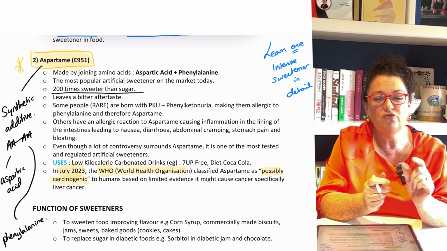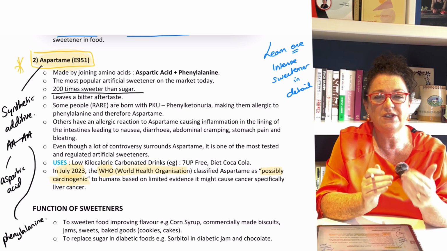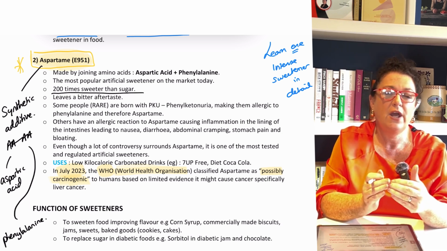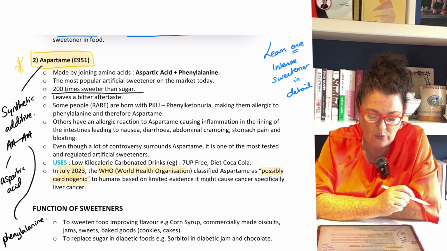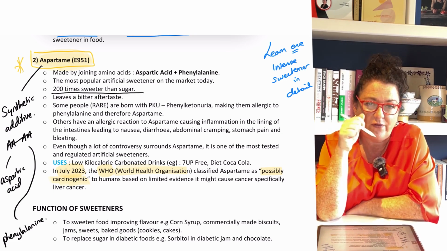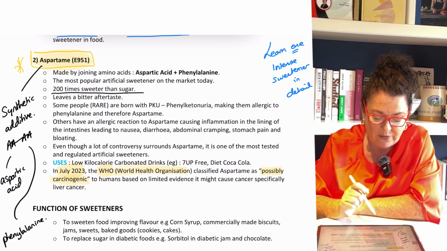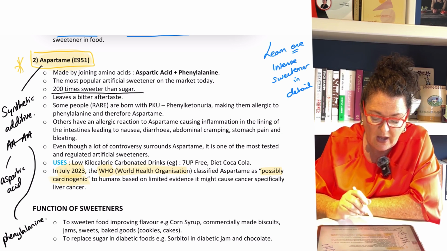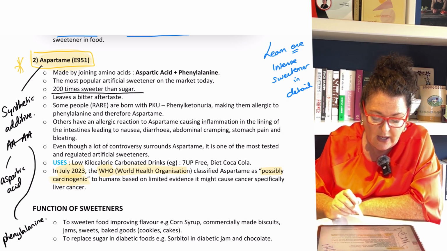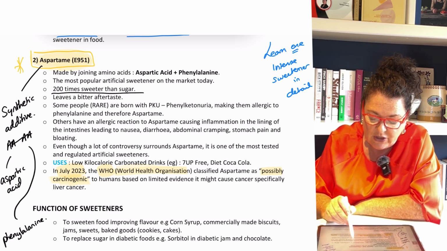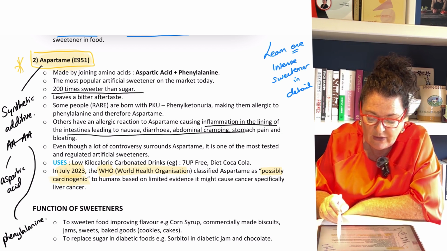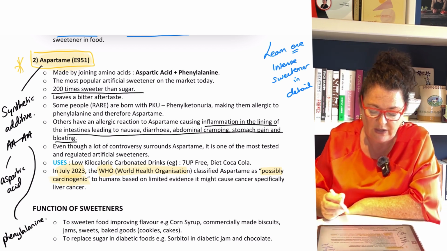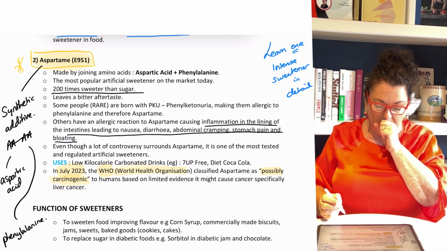And a few drops of blood are taken and tested, babies being tested for a number of different conditions, but the main one being PKU. So they cannot tolerate aspartame or anything with aspartame because of the phenylalanine. Others have allergic reactions like inflammation in the lining of the intestine, nausea, diarrhea, abdominal cramping, bloating, etc.